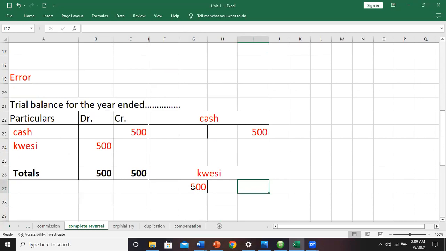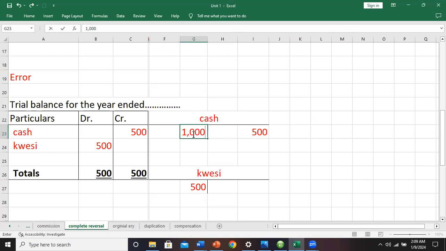So how do we correct this wrong thing that the bookkeeper has done? In doing so, you would say that, okay, we'll put first 500 here to cancel the credit, and then we put a second 500, right? By so doing, you have debited the cash by 1,000, which is double the figure.